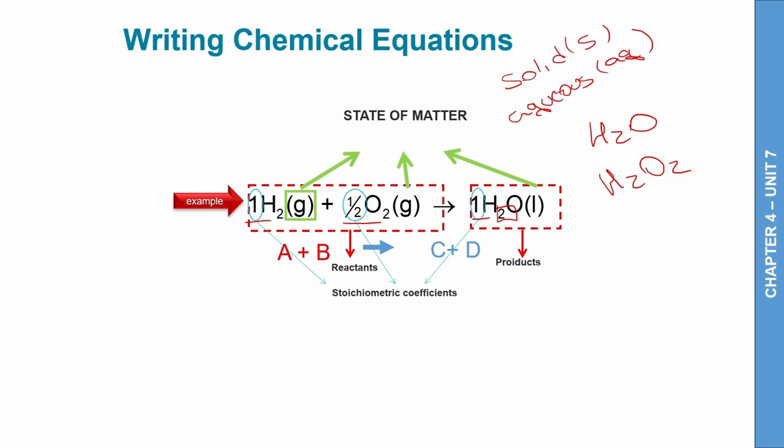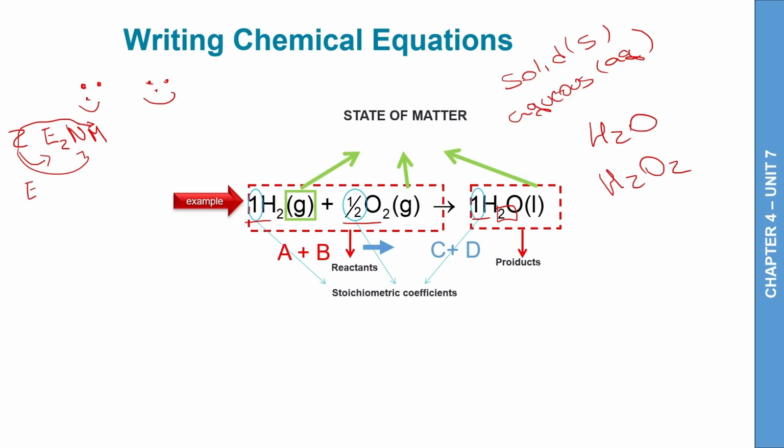If you don't understand this, I can give you an example. Imagine I have a smiley face over here. When I look at a smiley face, I have 2 eyes, 1 nose and 1 mouth. So I have 2 of those, so I can put a 2 here. I know that in total, I'm going to multiply the stoichiometric coefficient by each element.